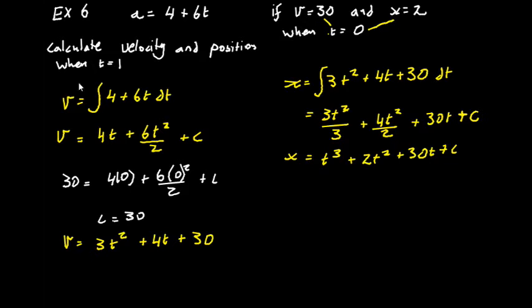So when x is 2 at time equals 0, we find that c is equal to 2.